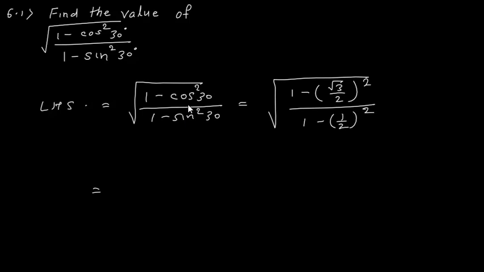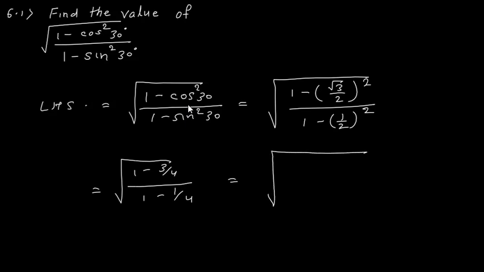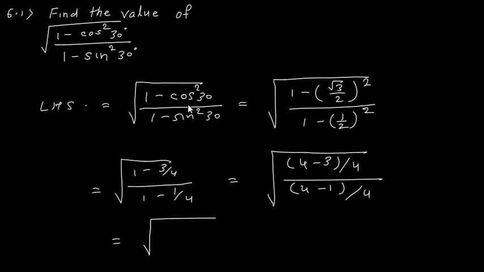So our left hand side will become square root of 1 minus 3 upon 4 whole divided by 1 minus 1 upon 4. This is equals to square root of 4 minus 3 whole divided by 4 divided by 4 minus 1 whole divided by 4. So this is square root of, now 4 minus 3 is 1.